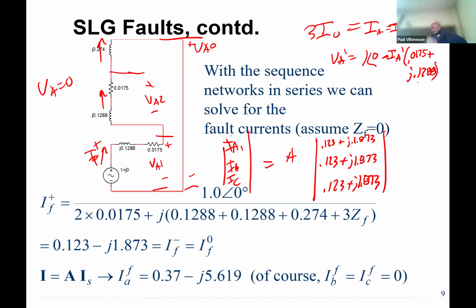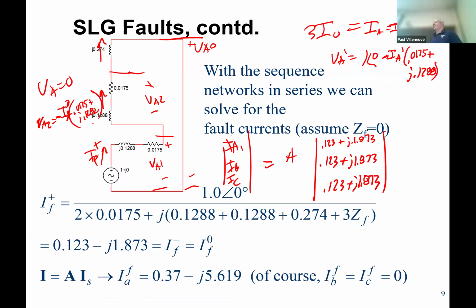It's just a KVL loop, right? Same thing over here. I'm looking for the plus to minus, which means I'm looking for these voltage drops here. So VA2 is equal to minus IA0 times 0.0175 plus j0.1288.